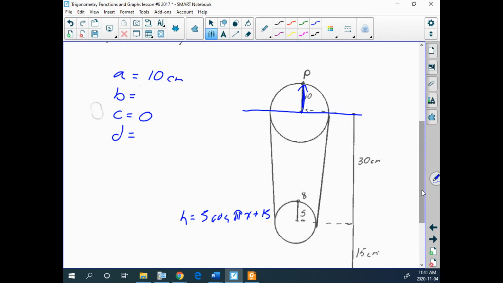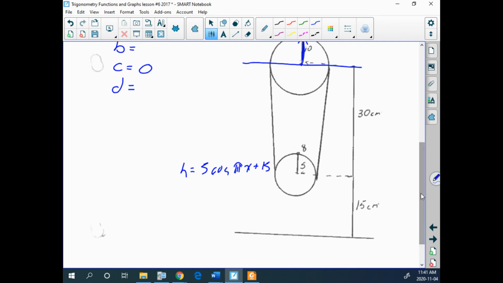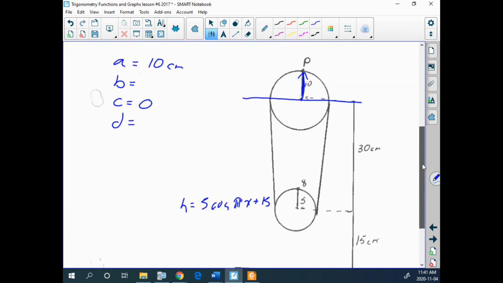So our amplitude, how much it's going to maximally displace, is 10. Our D, the midpoint of our circle, is 45 centimeters above the ground. So that's my D value.